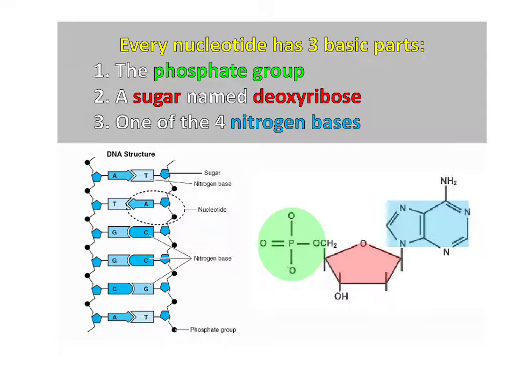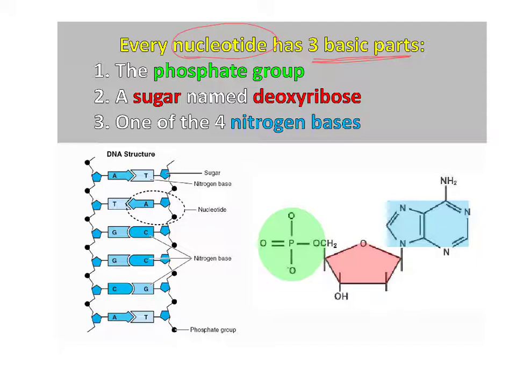Every nucleotide has three basic parts. Now remember, the nucleotide is the monomer that makes up the polymer of a nucleic acid. By the way, we're on the back of the notes. You should be on number 13 at this point.